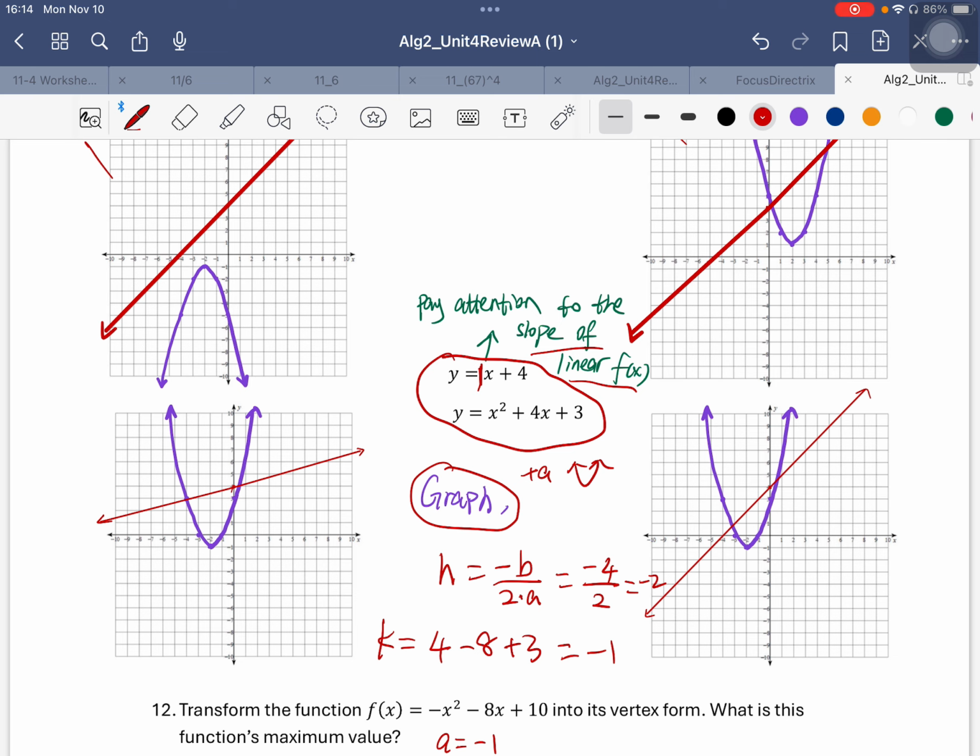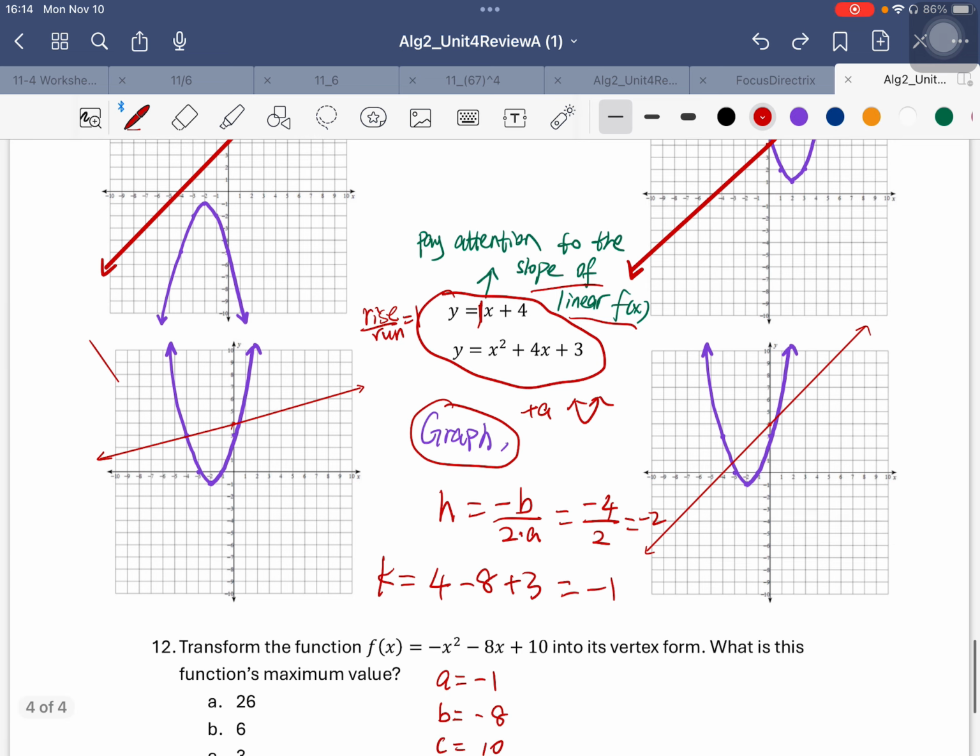If it's 1, rise over run equals 1. So it should go up 1, run 1, and the second point should be here. However, it's not. The slope is not 1 for C. C is not correct. Let's look at this one. Slope, go up 1, go right 1. Okay, that's correct. So this one fits, the h and k fit the slope of the linear function.